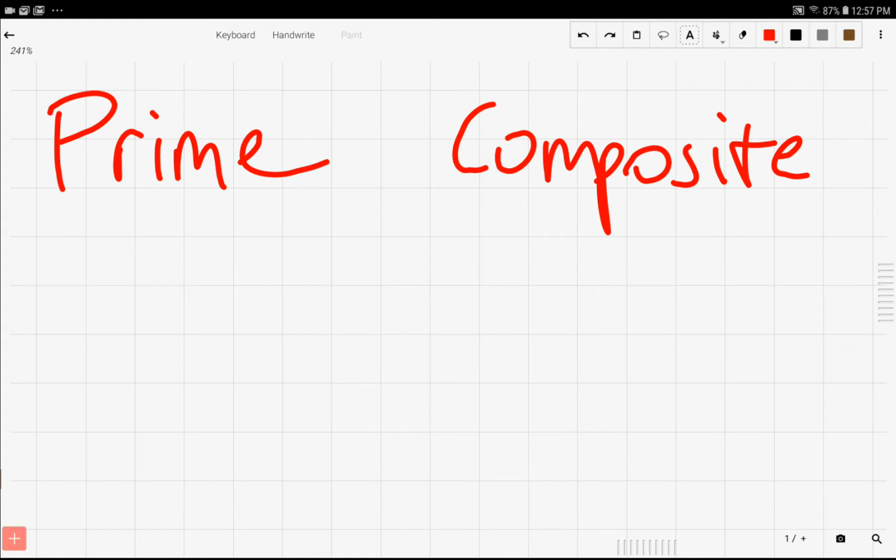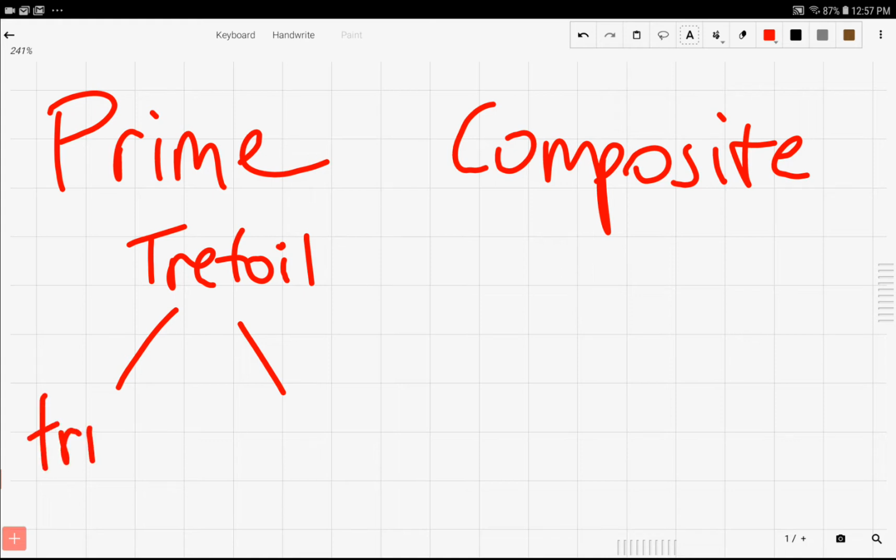So prime knots are knots that can't be written as a sum of two other knots. So let's say we have the trefoil knot. We can't write it as the sum of two other knots. Except one of the things that you must exclude when you're talking about adding knots together is the trivial knot, because you can write the trefoil knot as the sum of a trivial knot and a trefoil knot.